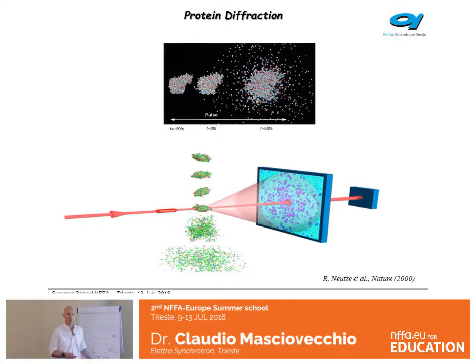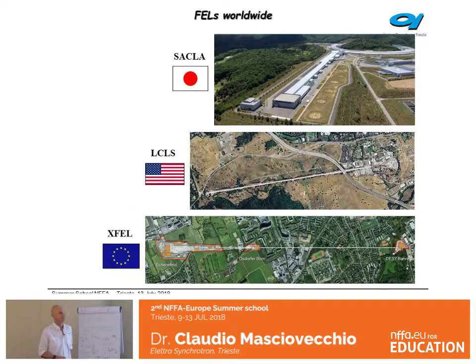And the idea to use a free electron laser is due to the fact that you have your pulse coming here, you hit the protein, then you get the diffraction pattern, but the intensity on the protein is so strong that afterwards the protein is destroyed. But you don't care because the diffraction takes place before the protein explodes, okay? And this is the main reason why all over the place people were building free electron lasers.